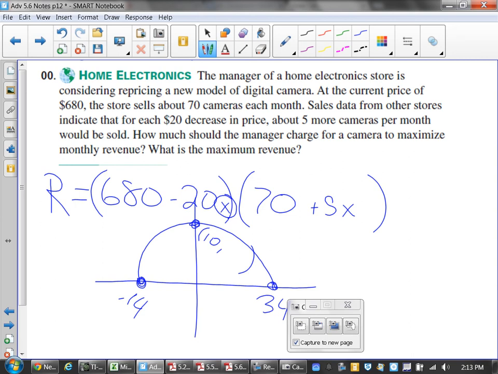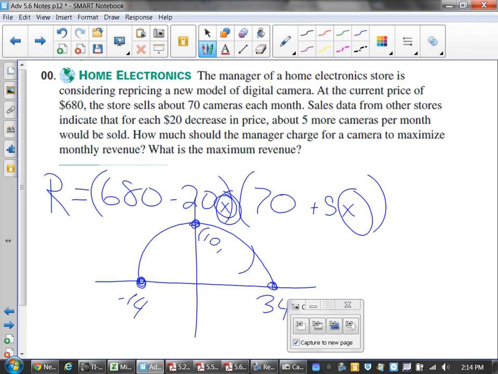Think of this as your units: 20 times some amount of units, 5 times however many units. If the sale price was 680, you plug a 10 into that, and that's all it is. That's how it works out.